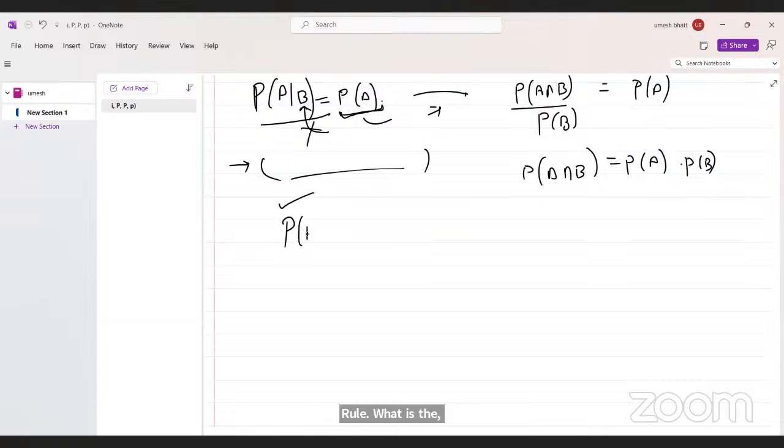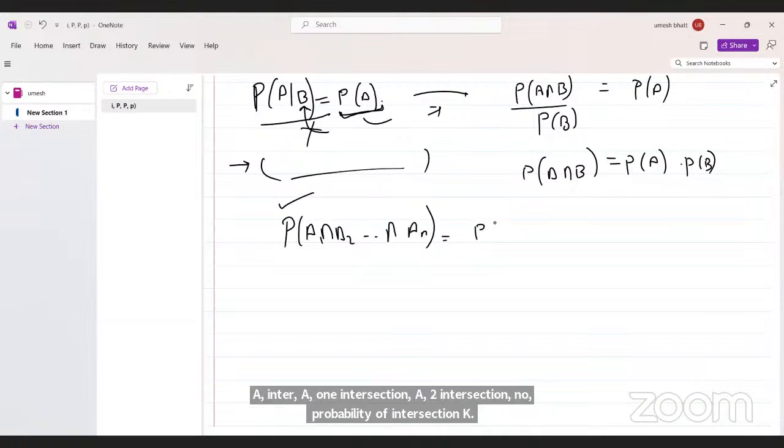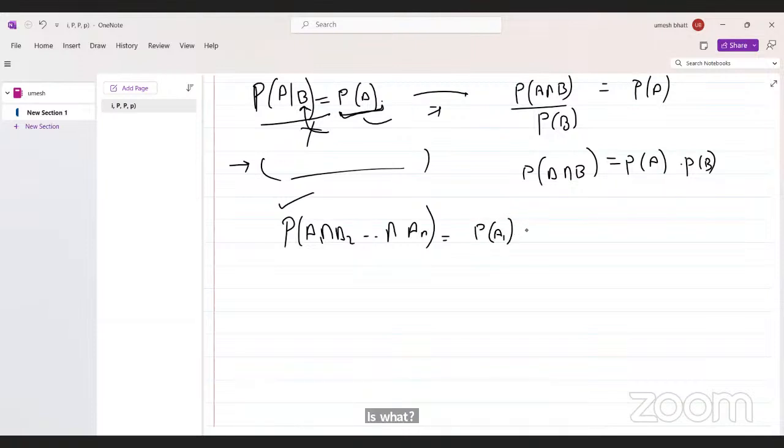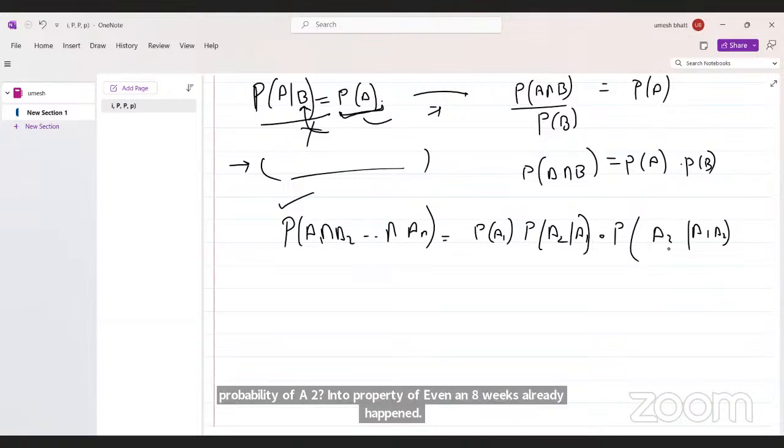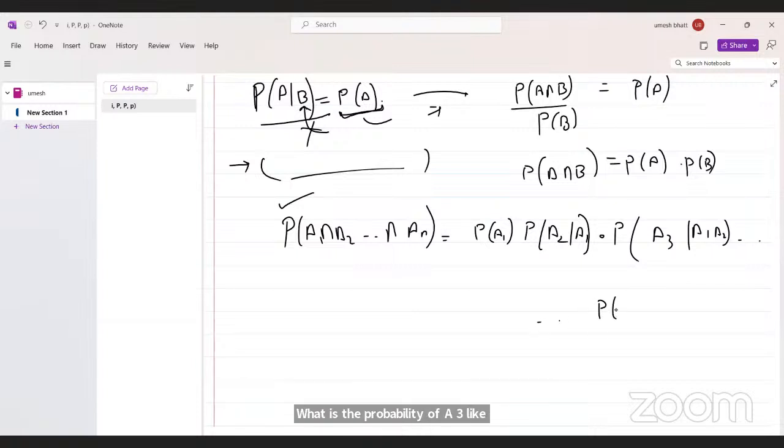The multiplication rule says that the probability of A1 intersection A2 intersection up to AN is: probability of A1 happening, then the probability of A2 given A1 has already happened, then the probability of A3 given A1 and A2 have already happened, and like this, up to the probability of AN when all the other events have already happened. Okay. This is your multiplication rule.